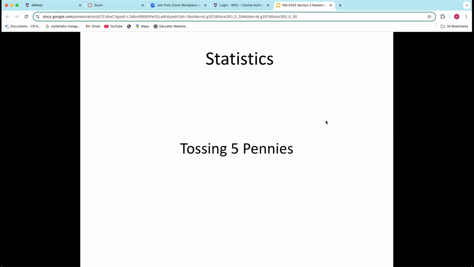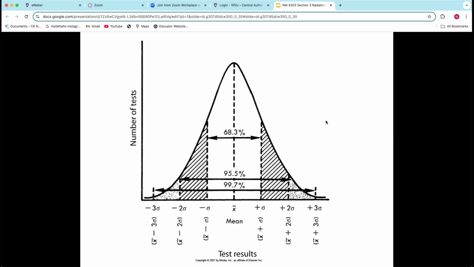If we did that a few times, it'd be hard to guess what the next toss would be. But if we did that 100,000 times and graphed it, we could start to look at predictable patterns in what we would get.